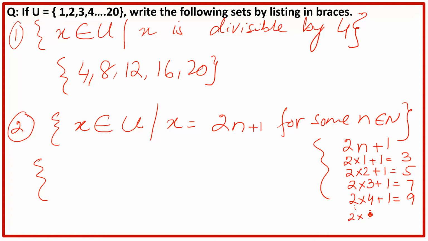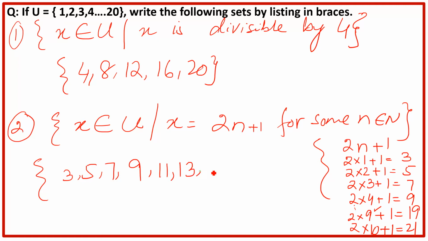If I put 9, 2 times 9 is 18, plus 1, which is equal to 19. If I put 10, 20 plus 1, which is equal to 21. So 21 is not here. It means we have to stop at 9. So 3, 5, 7, 9, 11, 13, 15, 17 and 19.